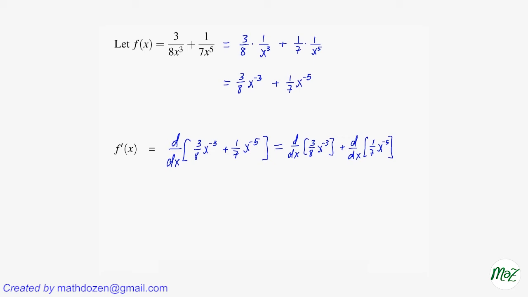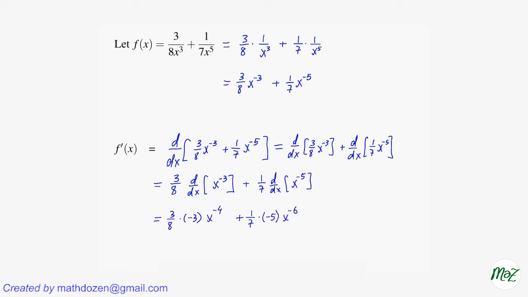By the derivative of the sum of two functions, this splits into the derivative of the first term plus the derivative of the second term. Then by the constant multiple rule, we can factor out 3/8 and work on the derivative of x to the negative 3rd, and factor out 1/7 and work on the derivative of x to the negative 5th.